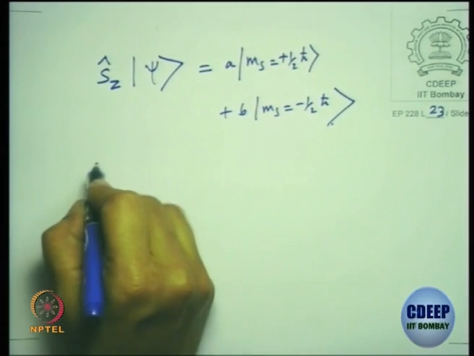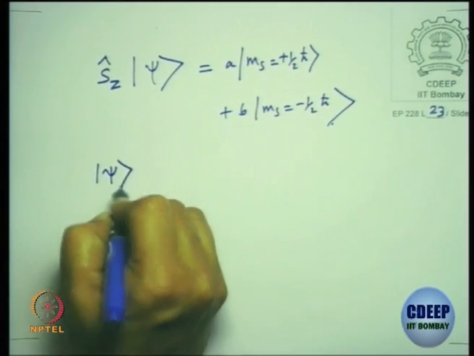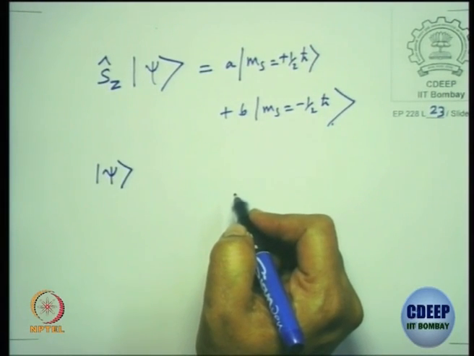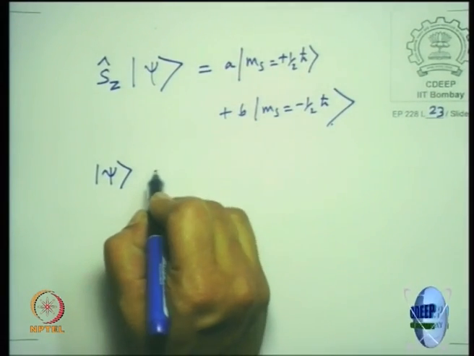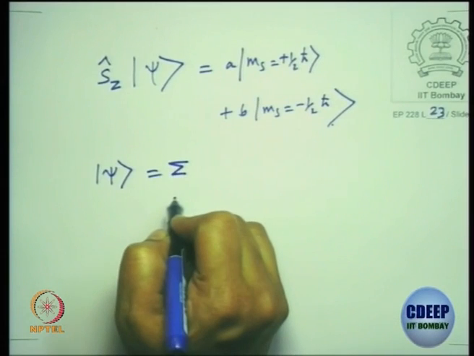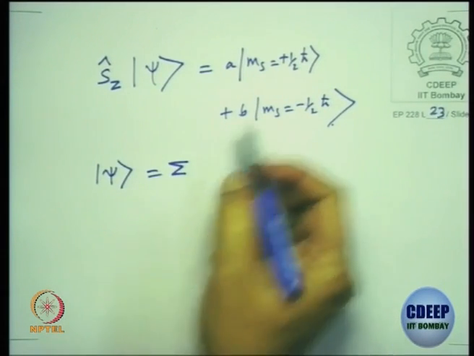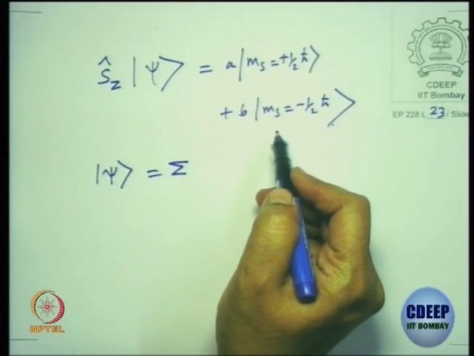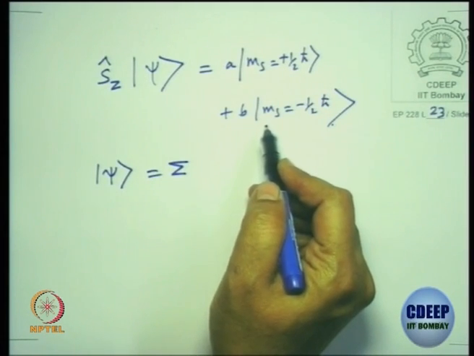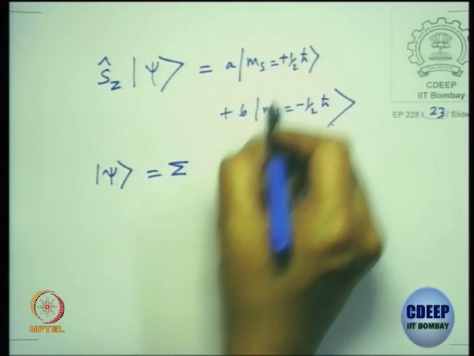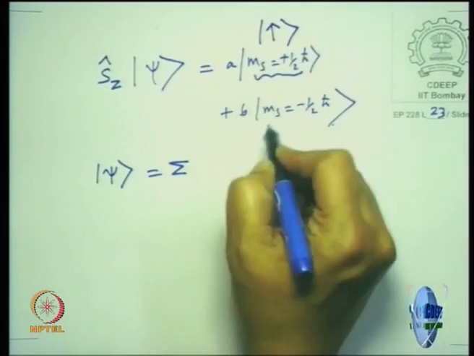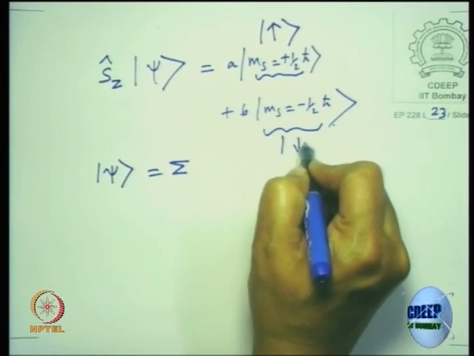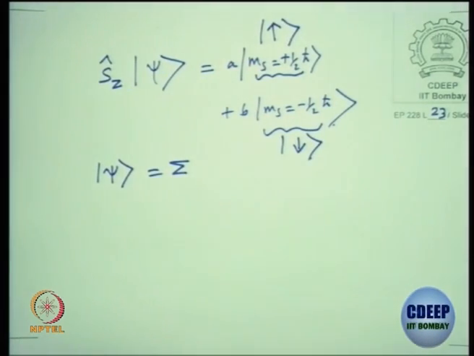So we are going to write an arbitrary state as some linear combination of two possibilities. This is what the experiment told us. Any arbitrary state I can write, I will denote one state by an up state and the other by a down state. This is another notation, but it means the same.